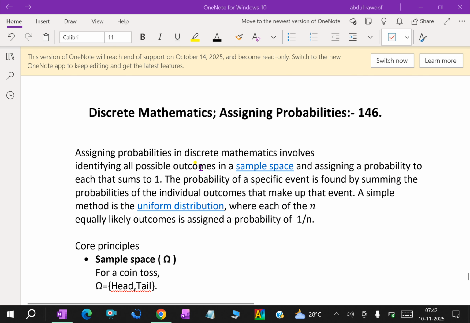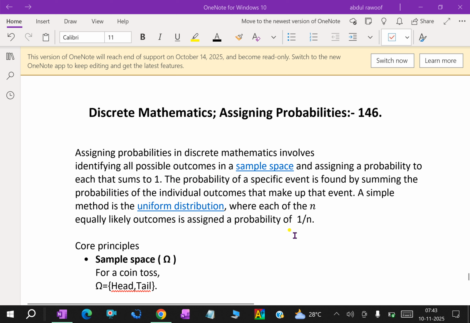Assigning probabilities in discrete mathematics involves identifying all possible outcomes in a sample space and assigning a probability to each that sums to 1. That means we have to give different probabilities to different outcomes in that sample space, and the sum of all the assigned probabilities should be 1.